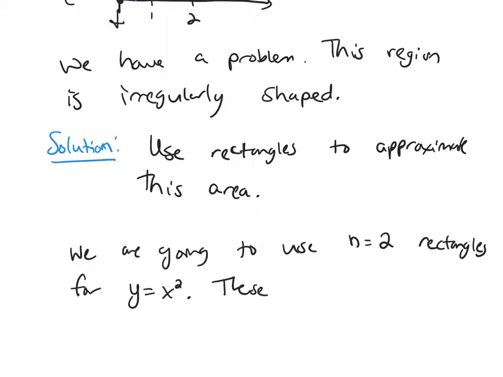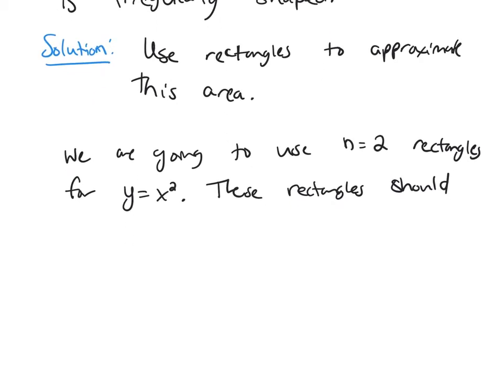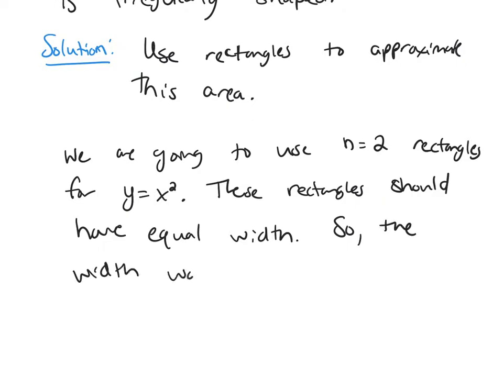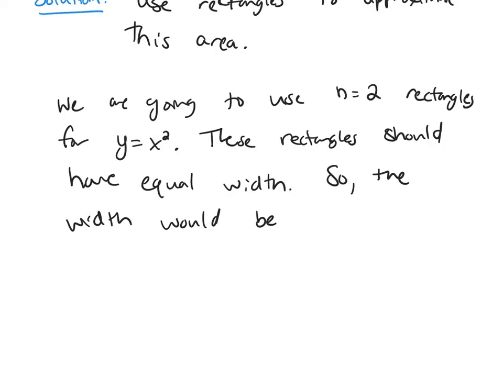And we want these rectangles to have equal width. And what is this width going to be then? So the width would be, we'll take the length of the interval, so x goes from 0 to 2, so 2 minus 0, and divide by how many rectangles you're making, which is 2. So the width of each rectangle would be 1.